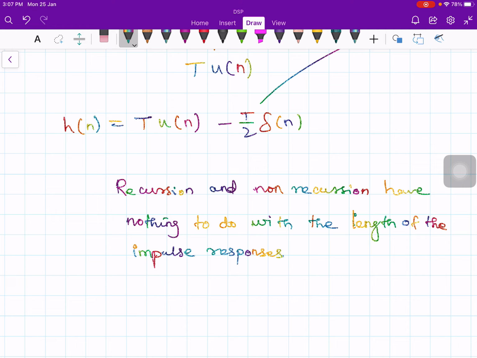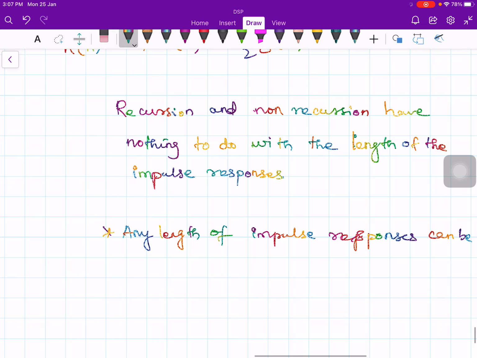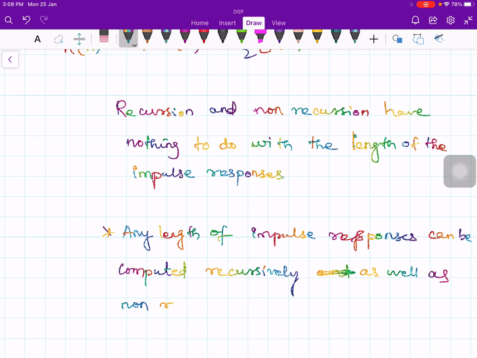Any length of impulse response can be computed recursively as well as non-recursively.